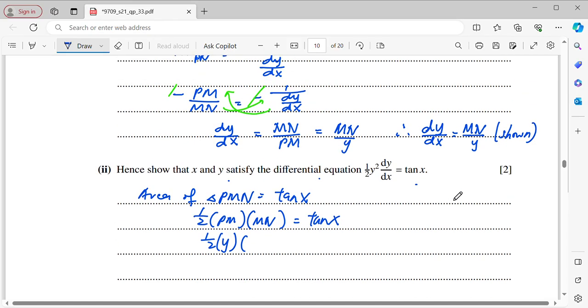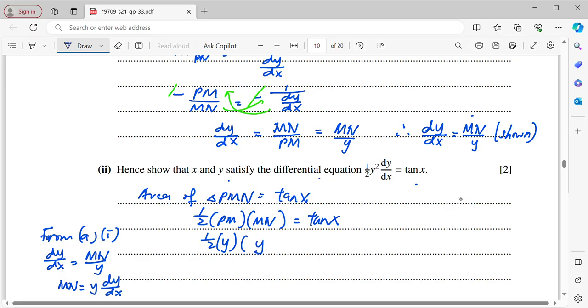Now, what is our MN? From the first part, dy over dx is MN over y. That means now your MN is going to be y dy over dx.